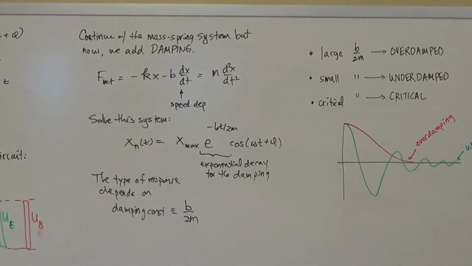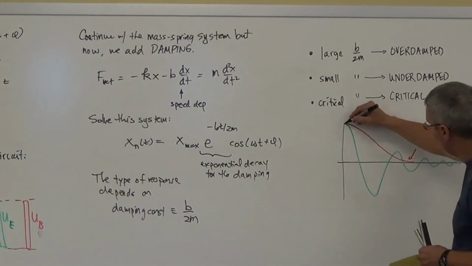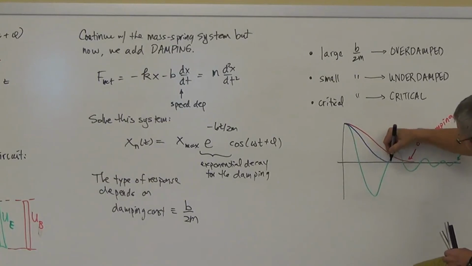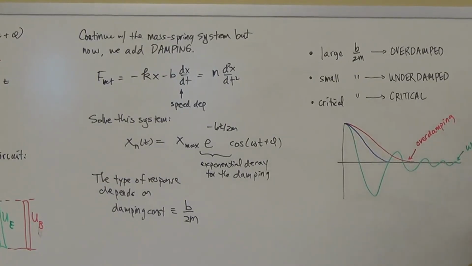And then the critical one can be pretty tricky sometimes to actually get right. It seems like it is, but it's actually the difference between these two right here. There's a critical value, and that critical value dies off very, very quickly. And how do you know when it's critical?